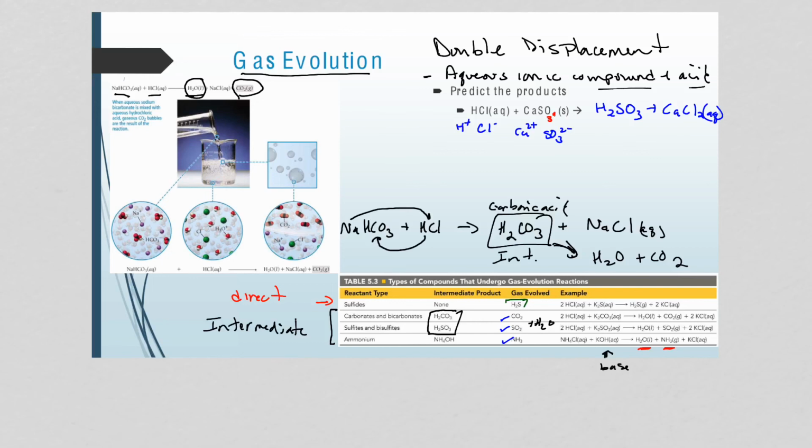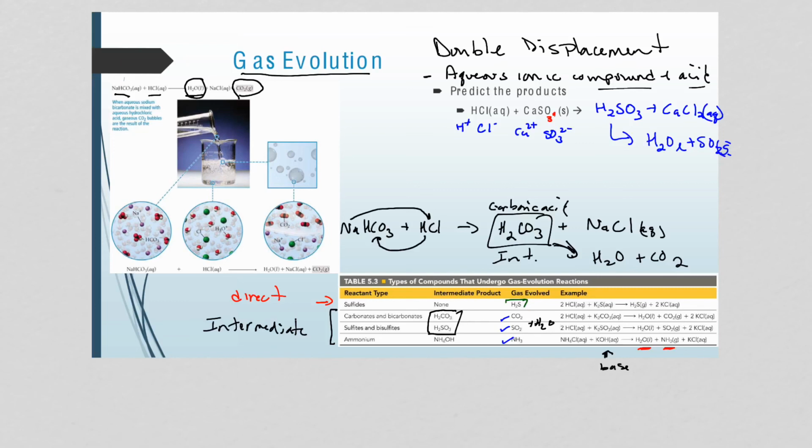And here is the part where we sometimes have to memorize these intermediates. When we spot this H2SO3, this sulfurous acid, this is sulfite, so the acid is sulfurous acid. We recognize that this breaks down to water plus SO2 gas.